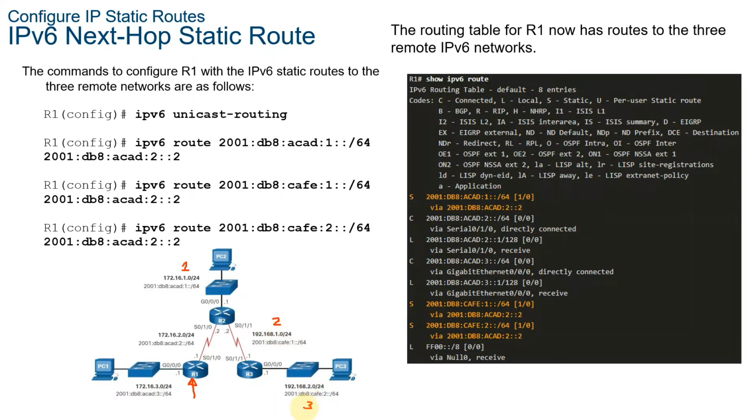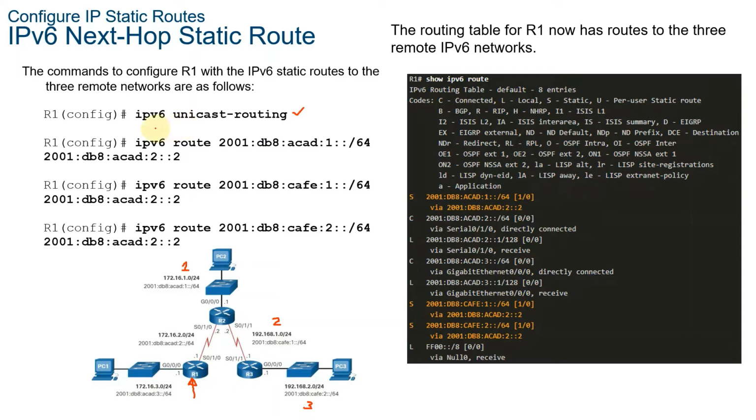When we define it in IPv6, we have to use ipv6 unicast-routing. Every time you configure a router for IPv6, you need to initialize IPv6 unicast routing. Don't forget this, otherwise you won't be able to configure IPv6 commands on a router.